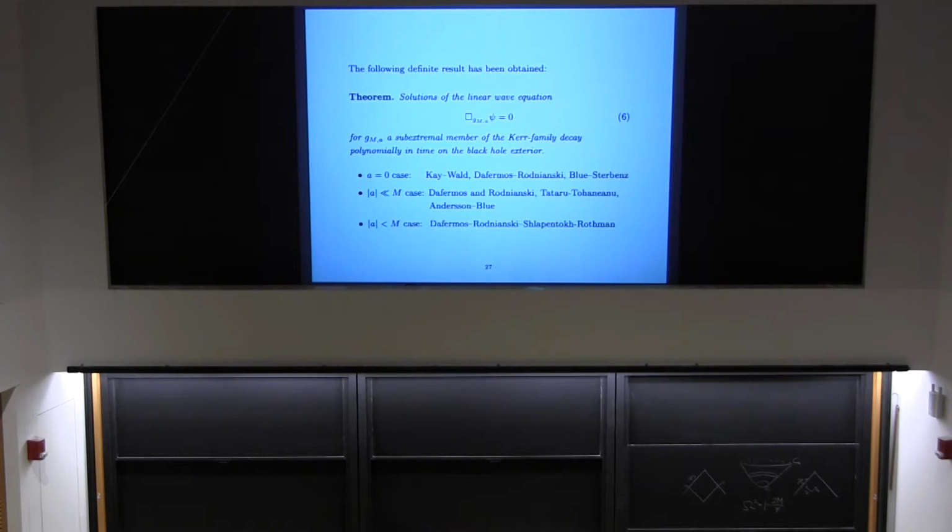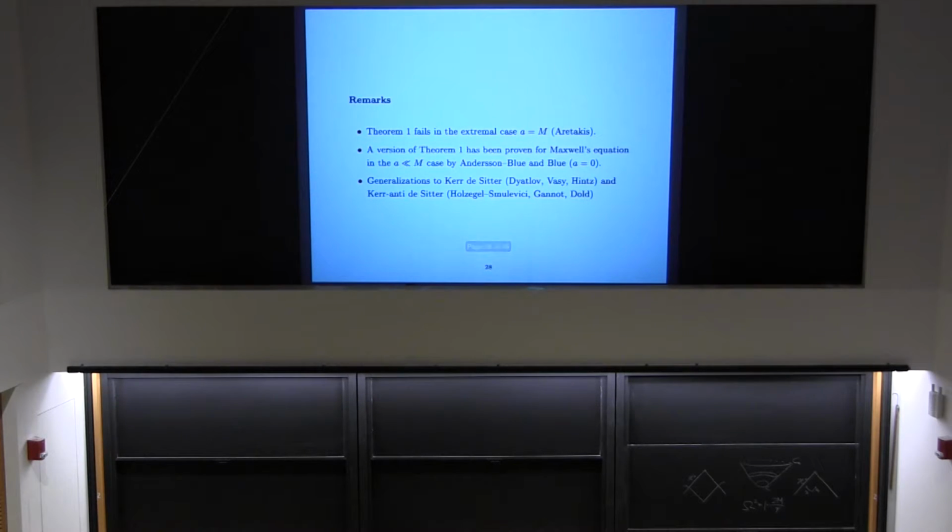Okay, and the result was proven in several stages, first for Schwarzschild, then for the very slowly rotating case, and finally in the last year or two by Dafermos, Rodnianski, and Shlapentokh-Rothman in the full subextremal case. So there has been a lot of other work in this direction as well. The theorem fails in the extremal case, work by Aretakis.